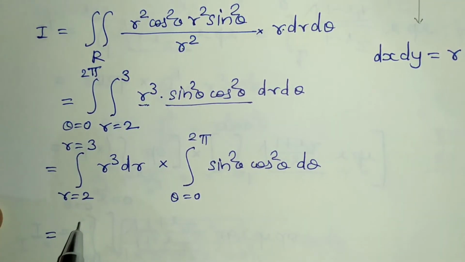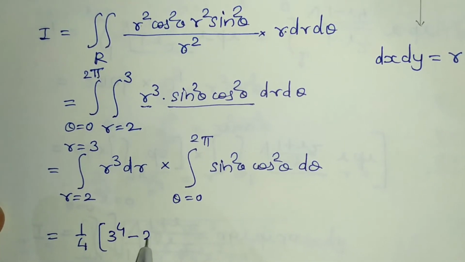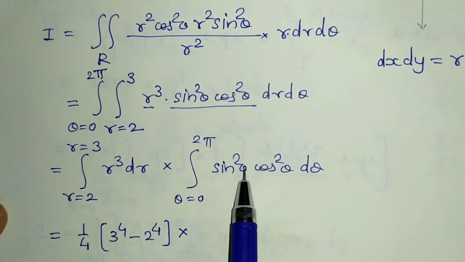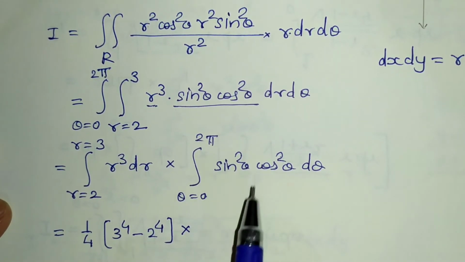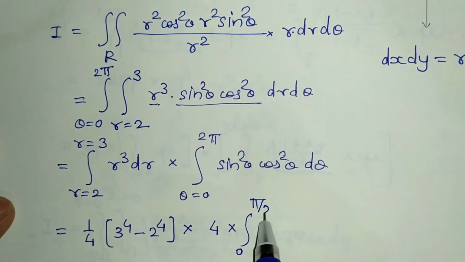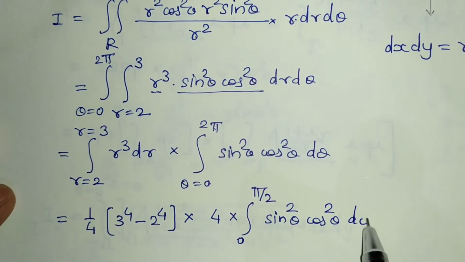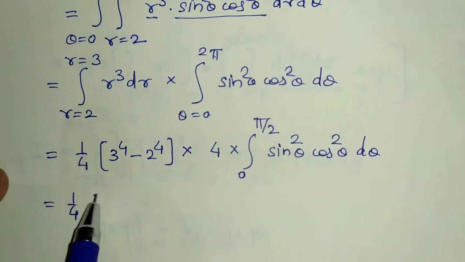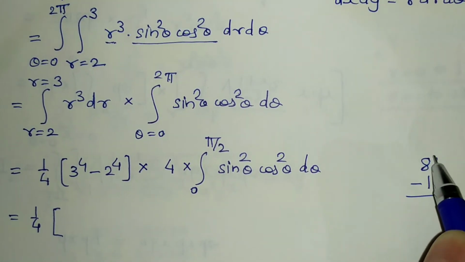It is r to the 4 by 4, so 1 by 4 into 3 to the 4 minus 2 to the 4, into, since the power of sin theta is even and the power of cos theta is also even, the integral from 0 to 2 pi can be written as 4 times the integral from 0 to pi by 2 of sin squared theta cos squared theta d theta. So it is 1 by 4 into 3 to the 4, that is 81, minus 2 to the 4, that is 16.